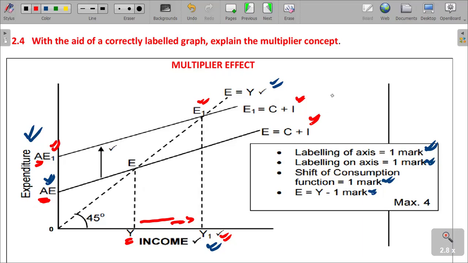It results in AE going to AE1, demonstrating that increase. It shows a marked increase in expenditure moving from AE to AE1. And then what does it do? It results in a proportionate increase in income, which we see as our Y1 there.